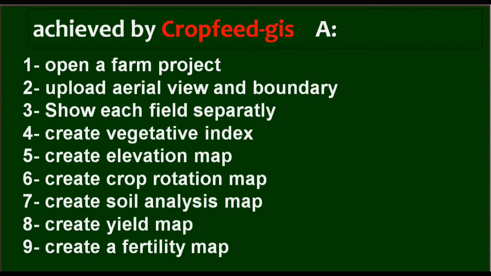The platform is achieving the following: opening a new farm project, opening aerial view and boundary, showing each field separately, creating a vegetative index, an elevation map, a crop rotation map, a soil analysis map, a yield map, and a fertility map.